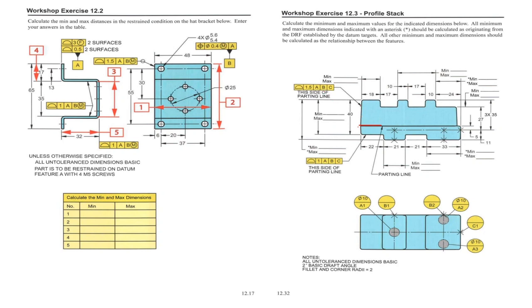For the maximum size or minimum size from here to here, we will subtract this 40 minus 1.5 divided by 2, so it will be 38.75, the minimum value. 38.75.